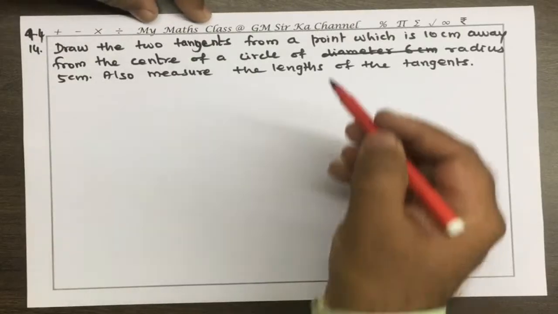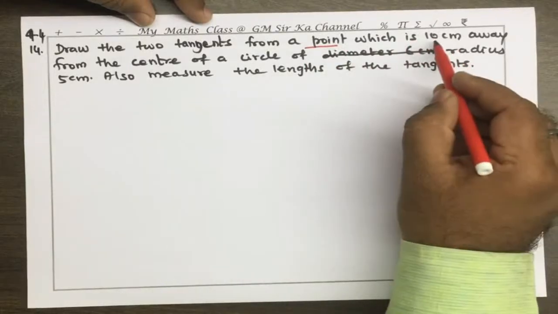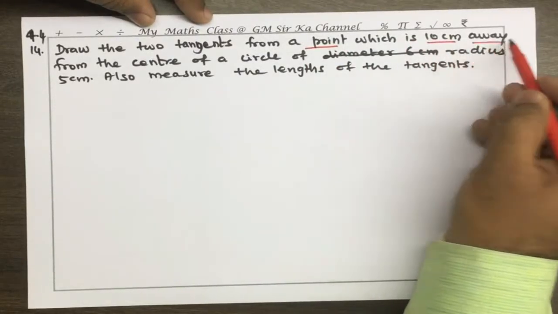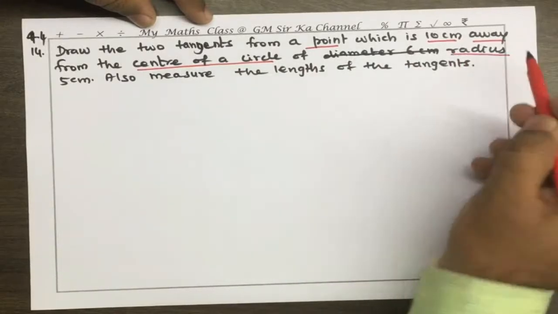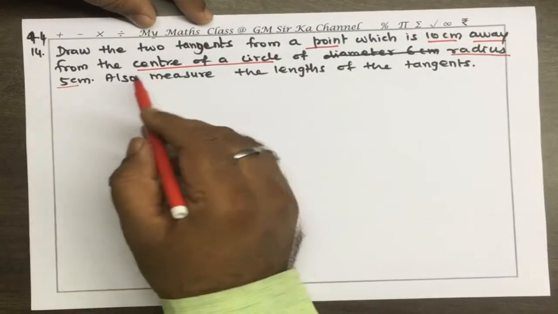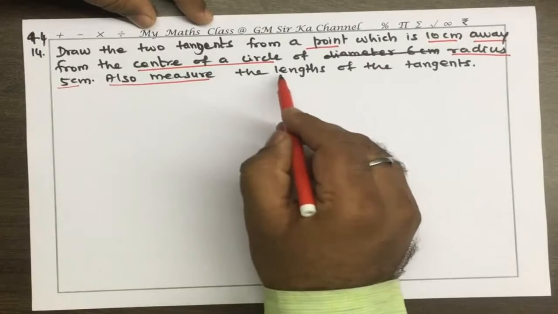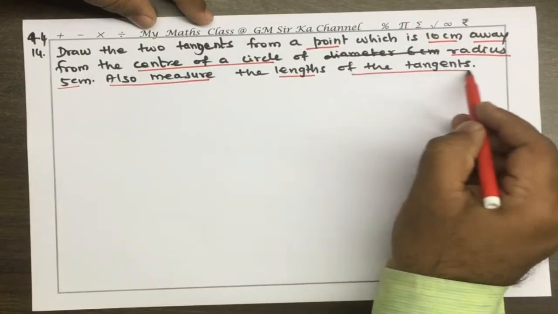From a point which is 10 centimeter away from the center of circle of radius 5 centimeter, and also we have to measure the lengths of the tangents.